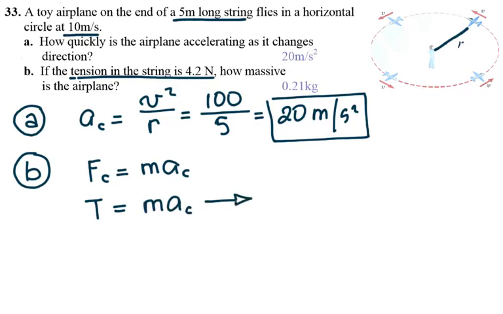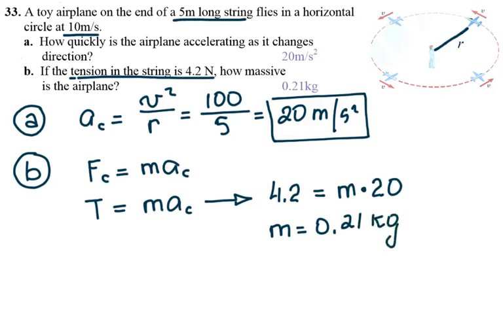So they give me the tension, which is 4.2 newtons, equals the mass times acceleration, and I just found the centripetal acceleration is 20. So the mass of the airplane must be 0.21 kilogram if I divide both sides by 20.